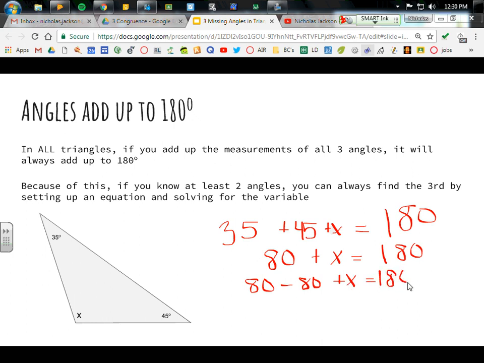And remember to keep an equation balanced: whatever we do over here, we have to do over here. Whatever you do to one side of your equal sign, you have to do to the other. So we subtracted 80 over here, we have to subtract 80 over here. That gives us that x equals 100 degrees. So that's what our missing angle is right here, 100 degrees.